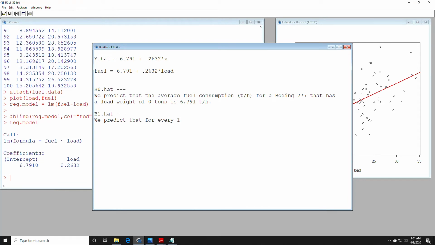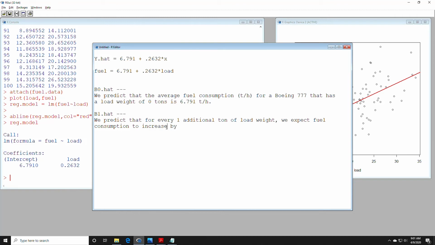For every one additional ton of load weight, for every 1 unit increase in x, load weight, we expect y, which is fuel consumption, to increase.